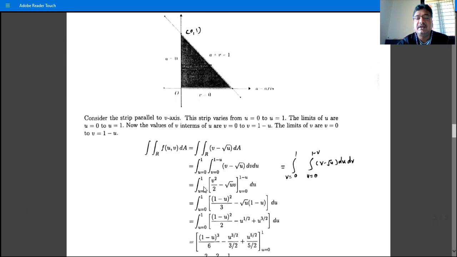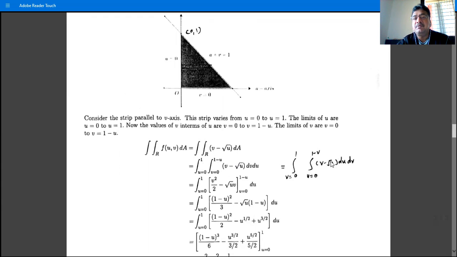Suppose we have to integrate with respect to u first. After this step we can write two forms, either this or this.